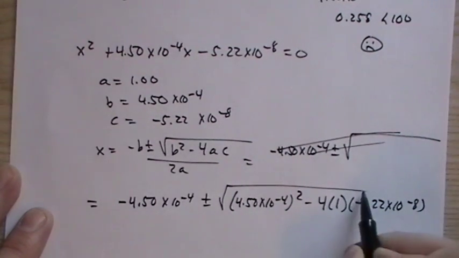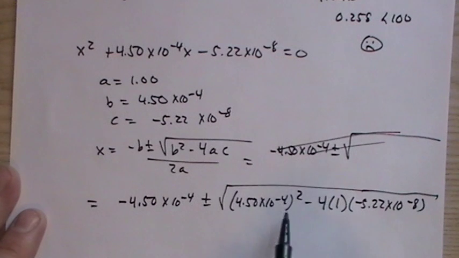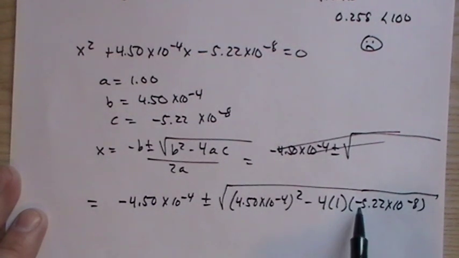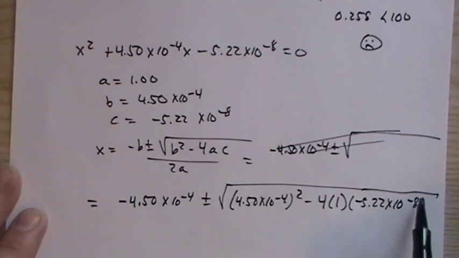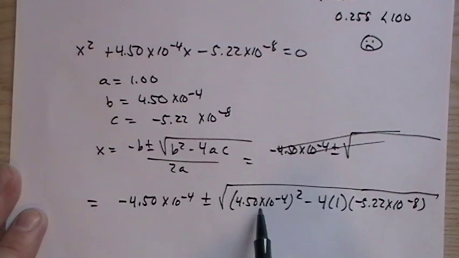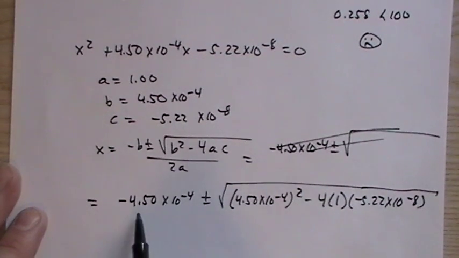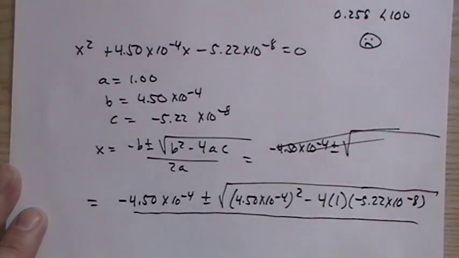Those two negatives are really nice to see because then we know that this whole thing is going to be positive. If this was positive, then we just have to hope that this term was less than this one. If it's not, if you ended up with a negative term under here, you have to start over again.